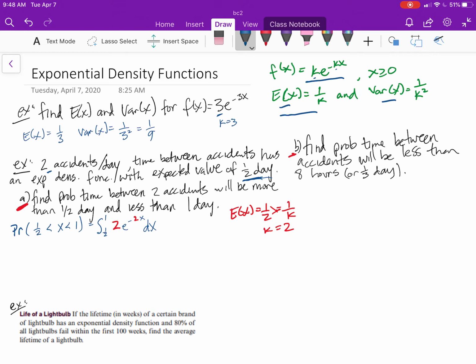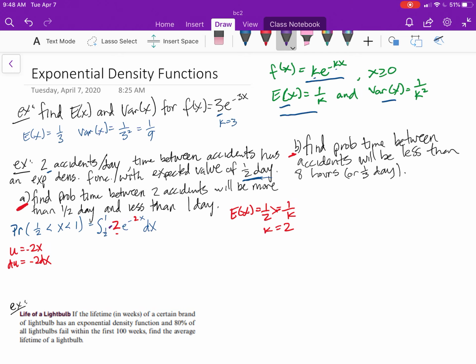All right, now integrate this. Remember the integral of ke to the kx is just e to the kx, or use u substitution. So really quick review: if u is negative 2x, then du is negative 2 dx. Well, I have a 2, not a negative 2. If you want, you could change all these bounds, but I think this one's straightforward enough.